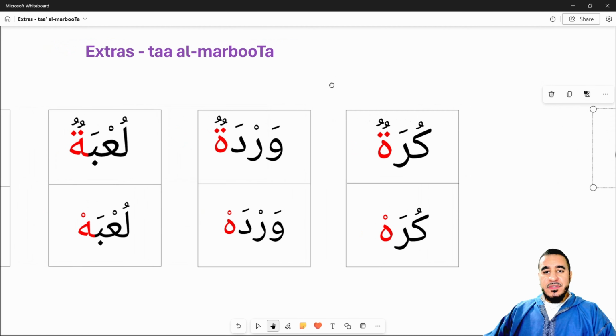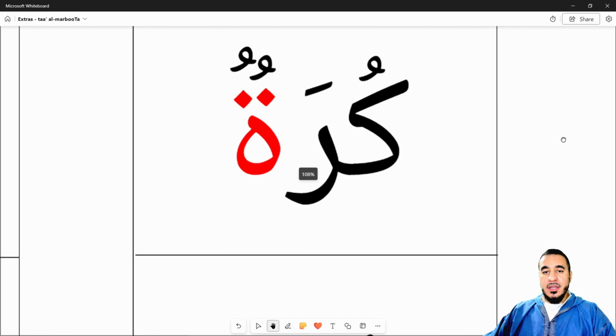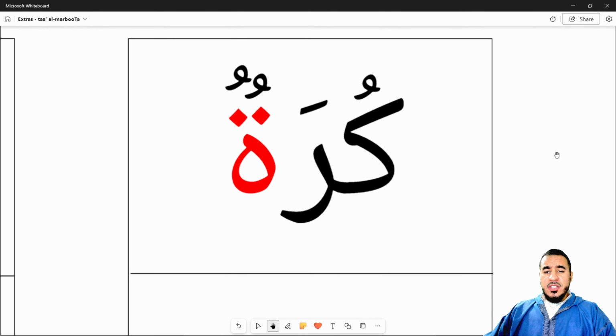So let's look at some of these examples and then inshallah, it should be crystal clear. The first word we're looking at is kuratun. The kaf has the dhamma, ku. The ra has the fatha, ra. And here at the end we have a ta al-marboota, a tied up ta.